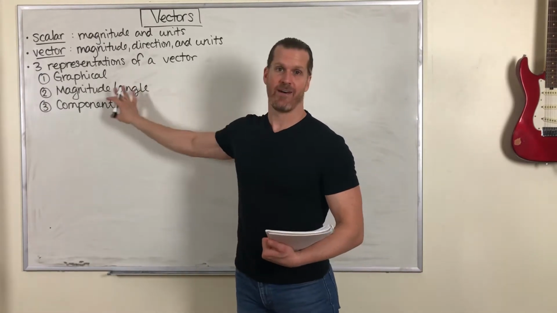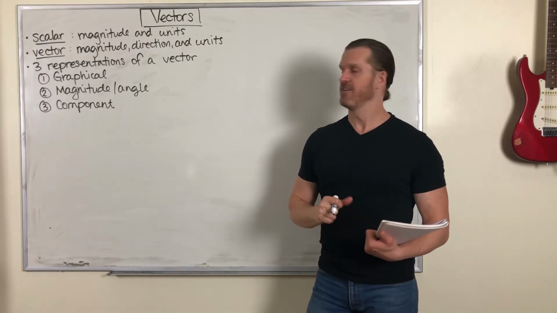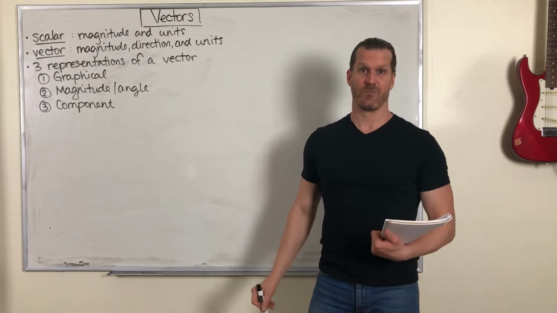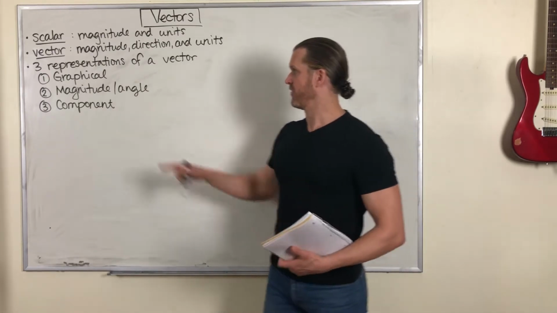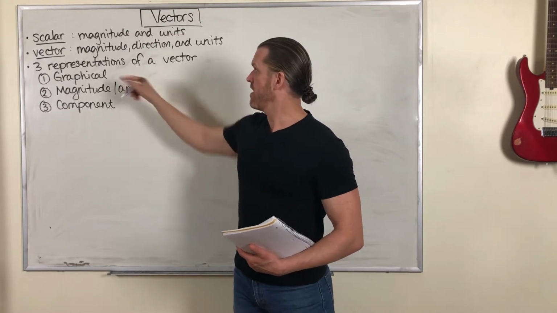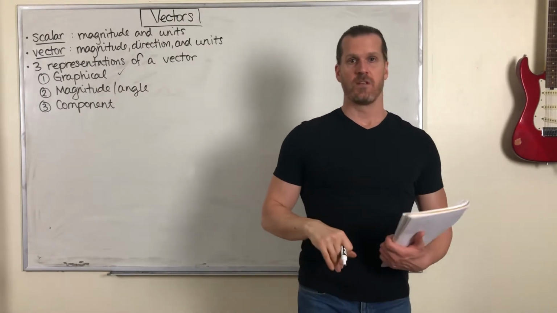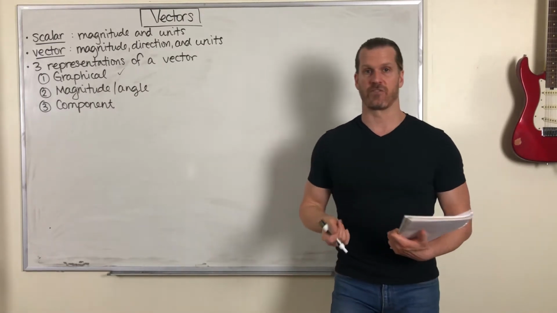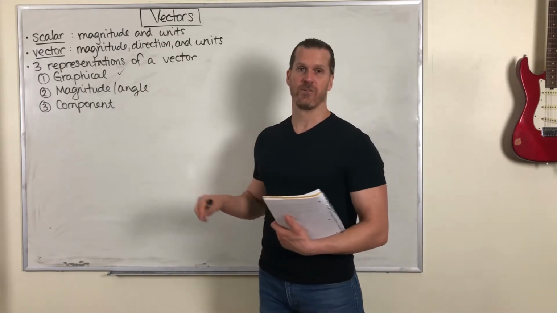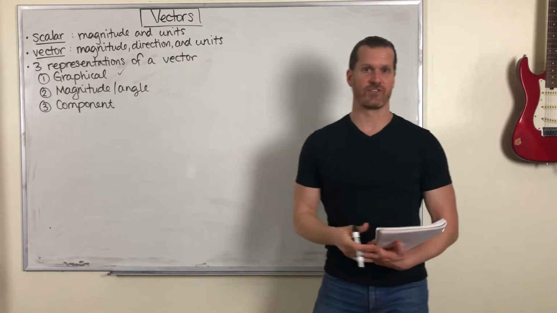You can do math with vectors in all 3 representations, although it's easiest to do math with vectors in component form. So that one's really going to be the key to all of this. But for now, in this video, we'll take a look at vectors in graphical form, learn some of the basic properties of vectors, do some simple math with them, and then in the next video we'll get into some more detailed calculations with these other 2 representations.